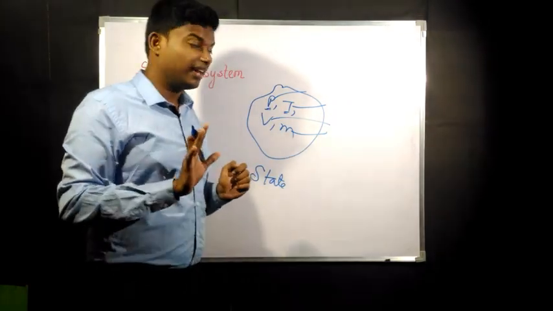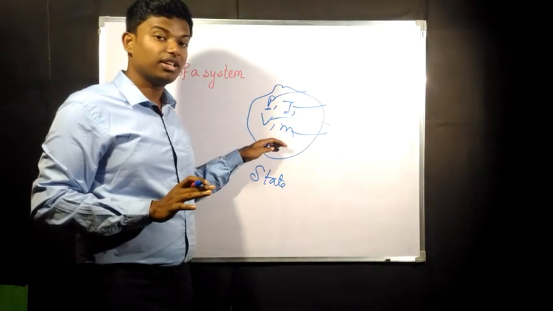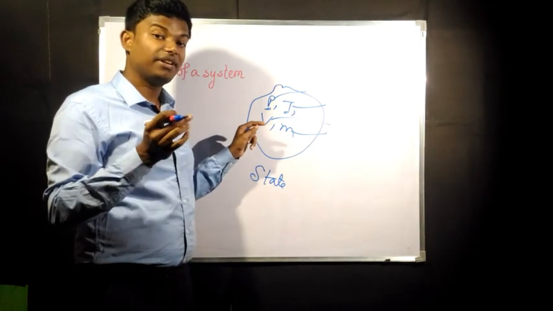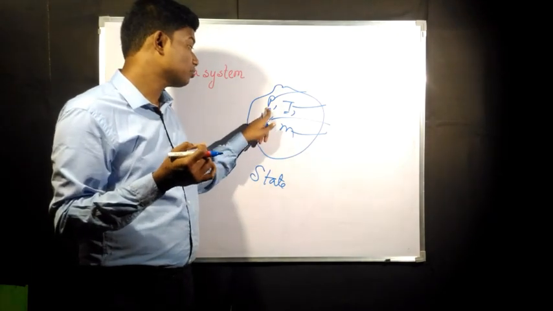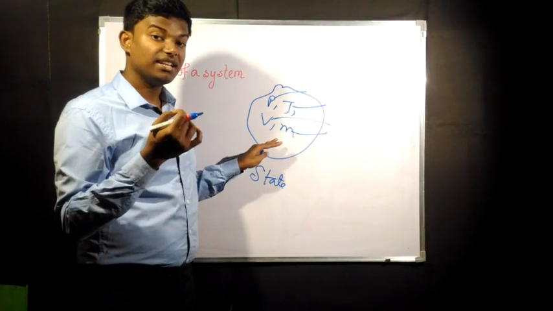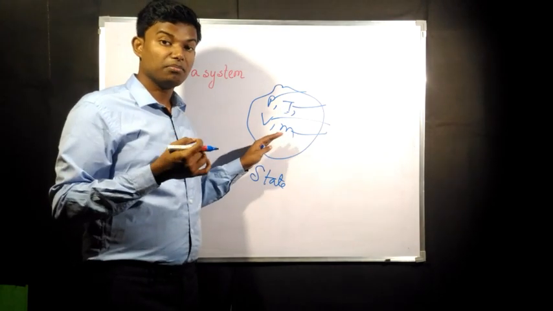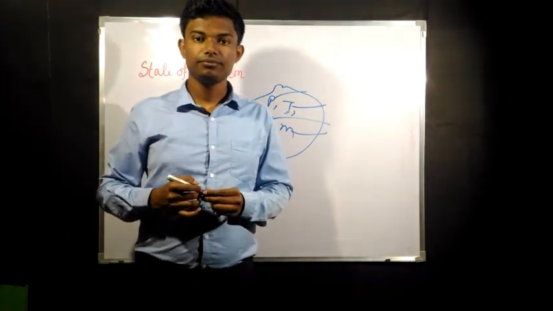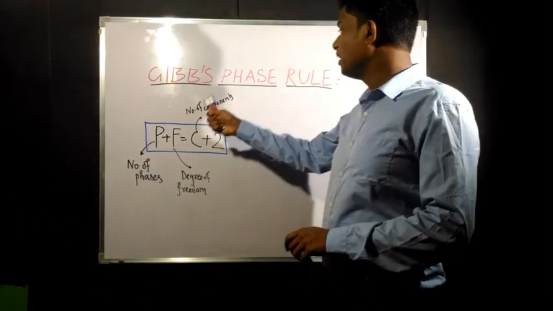So again, if we want to say that the system is in a state, each and every property must have some fixed and definite value.